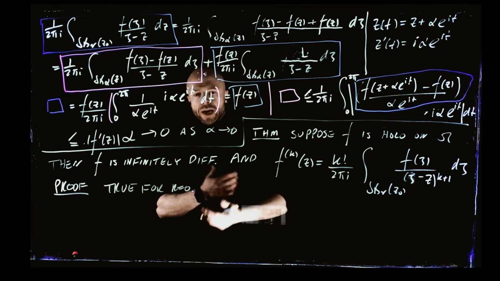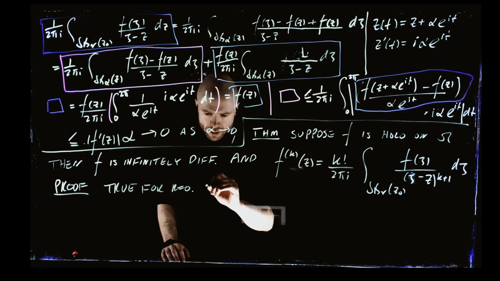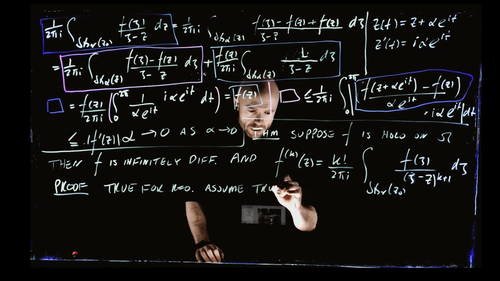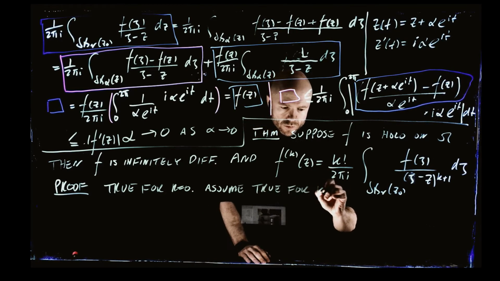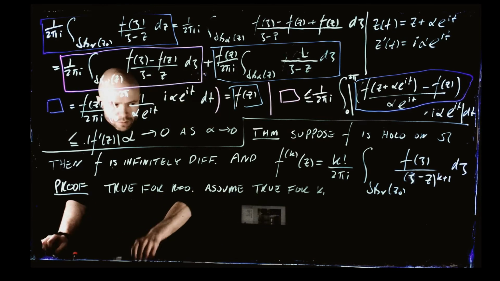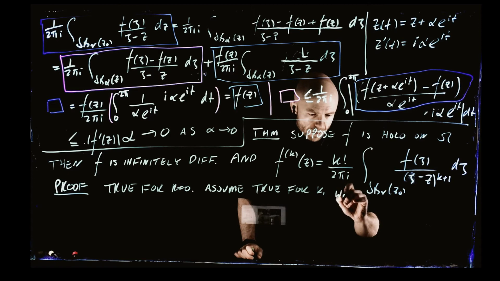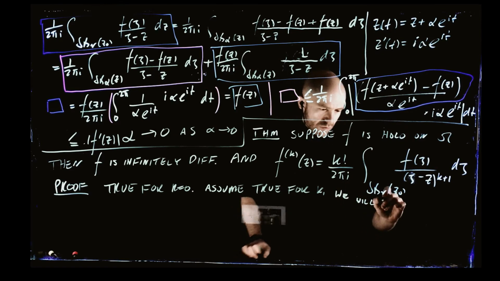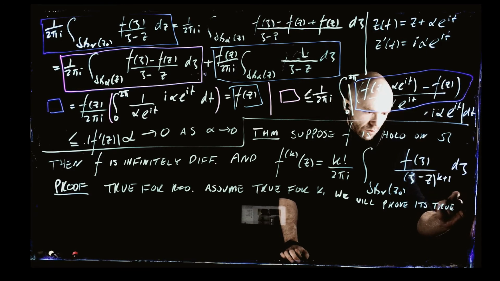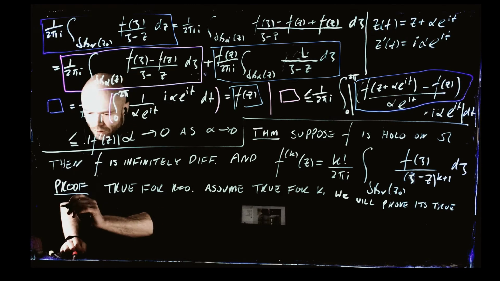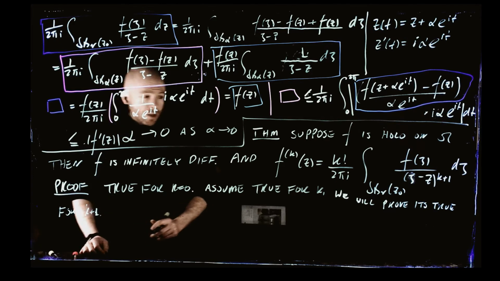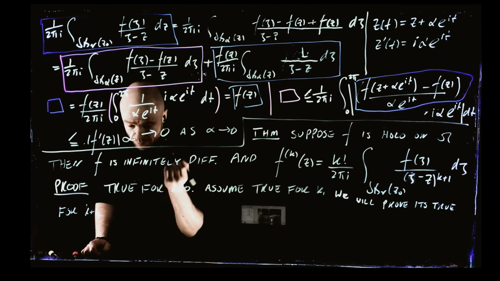We're going to assume it's true for k, and we're going to prove it's true for k plus 1. All right, so there's nothing to do but to look at this quotient, right?